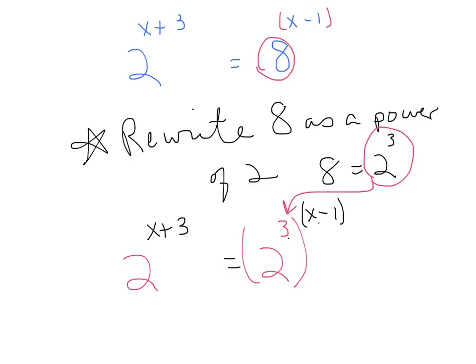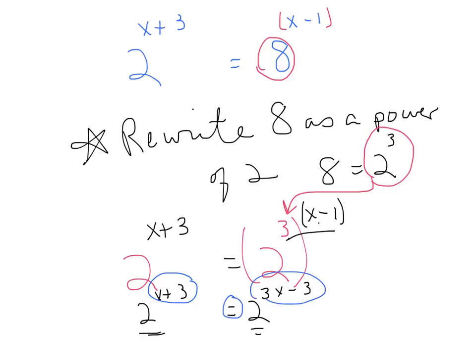So what this means for us now is that I have 2 to the x plus 3 on the left equals 2 to the 3x minus 3, as I multiply those. And now that the bases match, I'm going to grab my exponents here and set it equal to this.